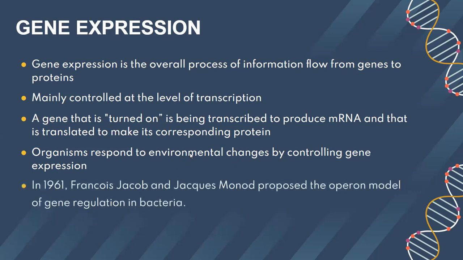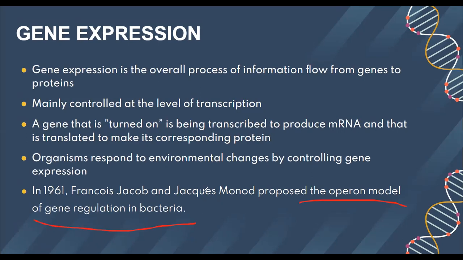Fine. So how do we know this concept? Francois Jacob and Jacques Monod, two scientists in 1961, proposed the operon model of gene regulation in bacteria. The concept of gene expression and its regulation was first discovered in bacteria.